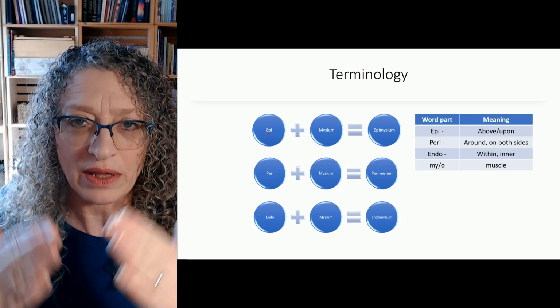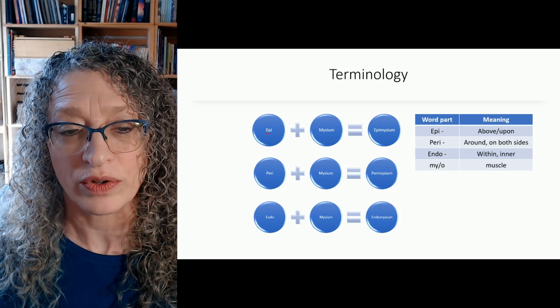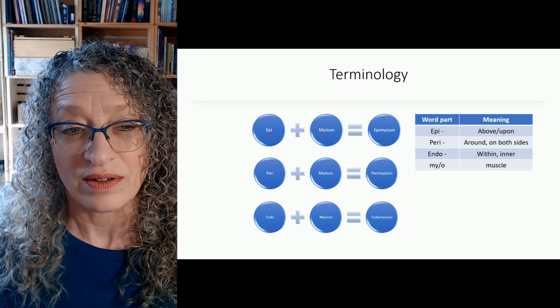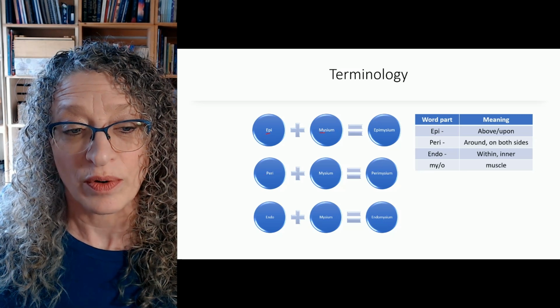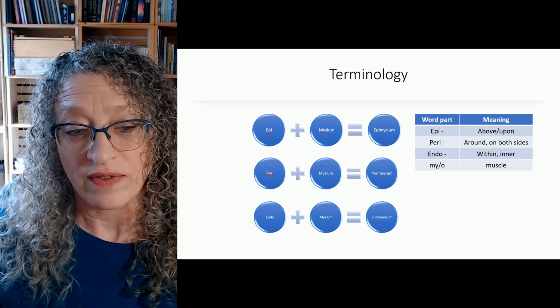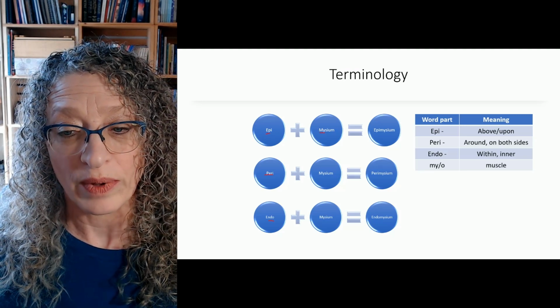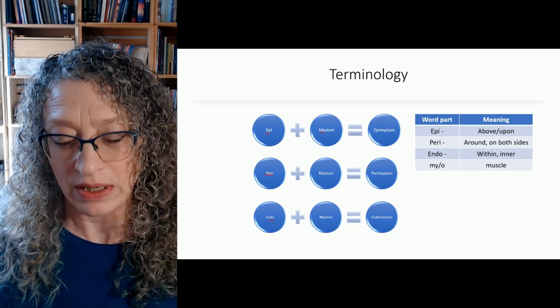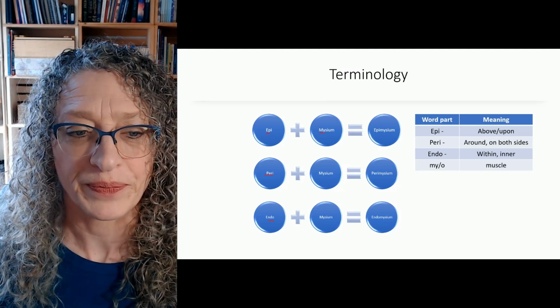It's kind of the peak, if you will, so it's going to be the outermost. My being muscle, so we get that outside layer around the muscle. Peri being around, so it's going to be around this fascicle, and then endo being within or inside, so it's going to be around each muscle fiber itself, the most inner layer.